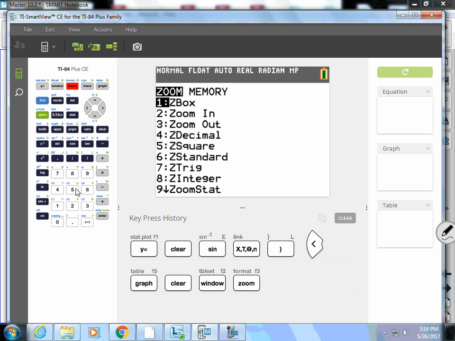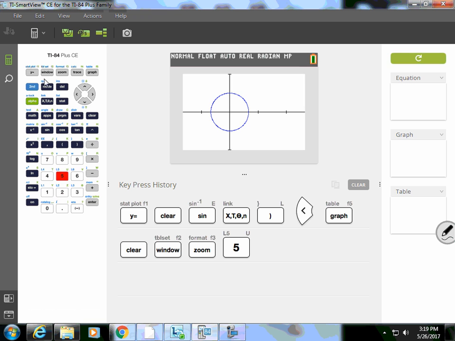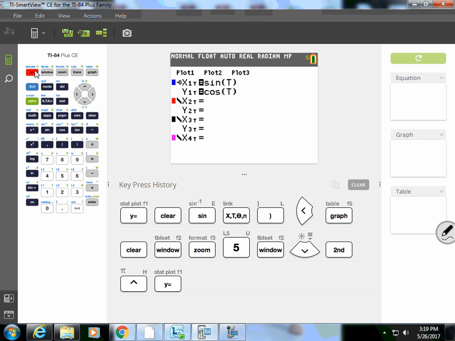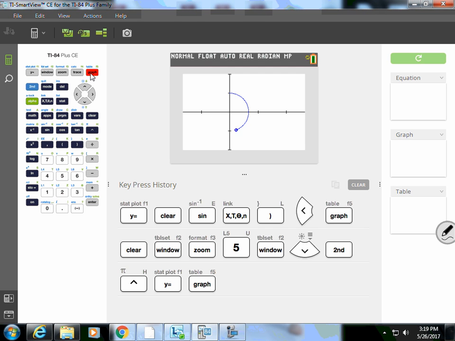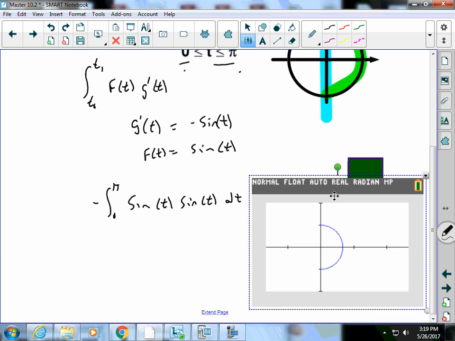We're only going from 0 to pi in the window, and then our function, like I said, is sine of t for x, cosine of t for y. Now watch how the function is drawn. It's only that half. So this is where it gets interesting.